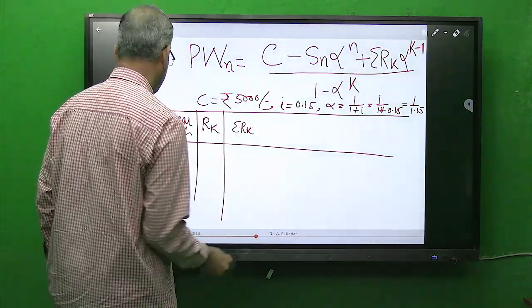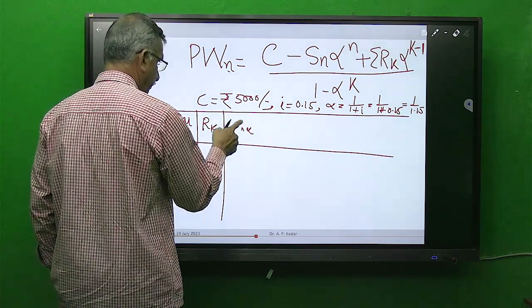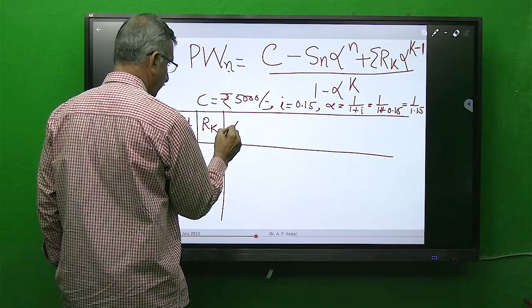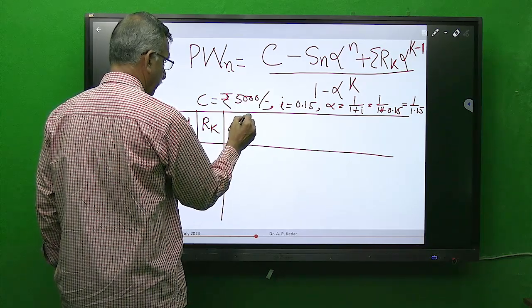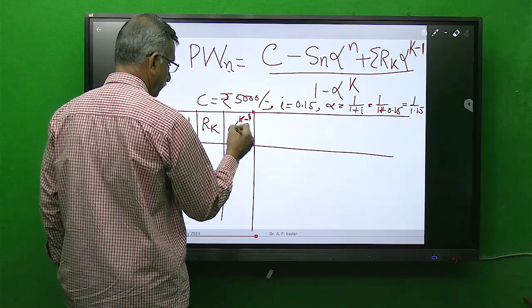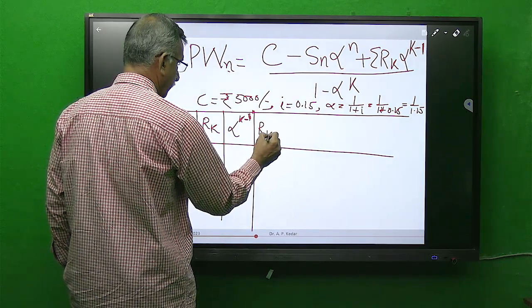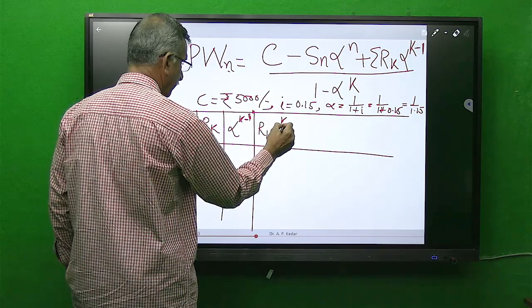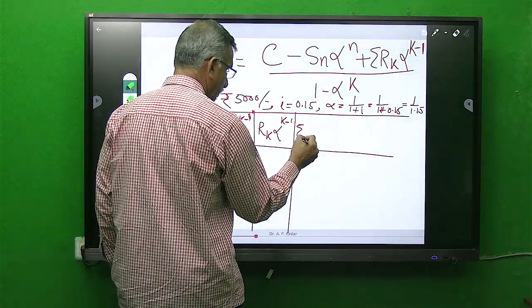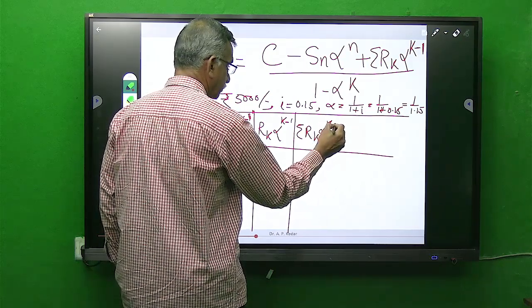Before that, let's write in proper format. You have calculated alpha, so alpha k minus 1 will be your column. Then multiplication of Rk alpha k minus 1, then cumulative sum of Rk alpha k minus 1.